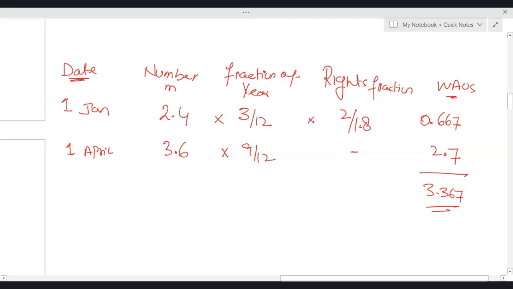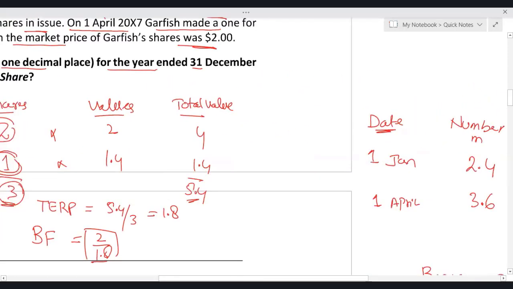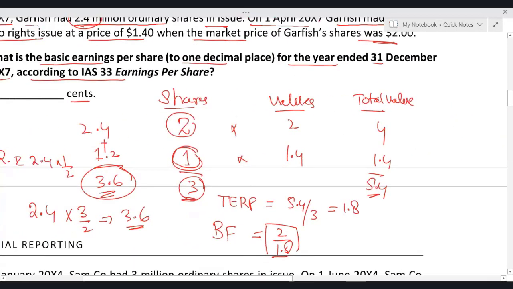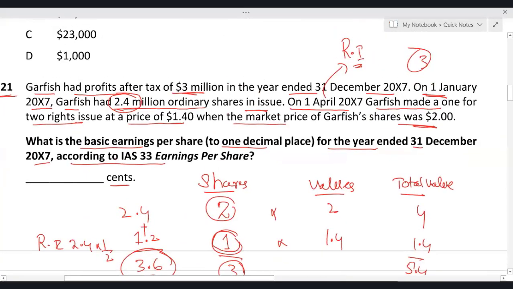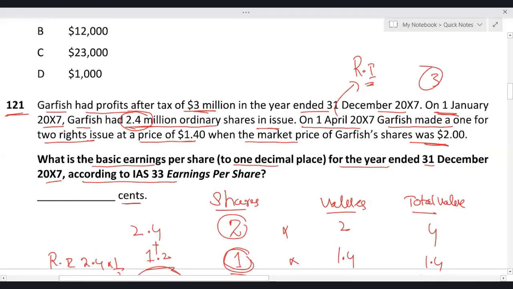3.367. These are the weighted average shares. Now simply calculate the basic EPS, which they have asked. Profit after tax. Look at this. PAT is 3 million.